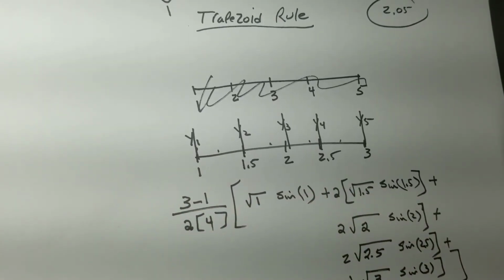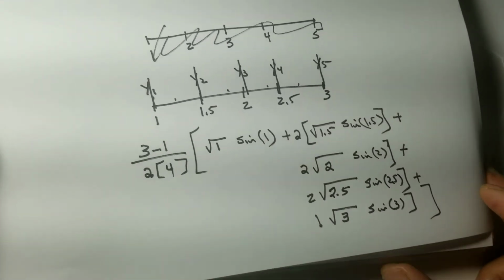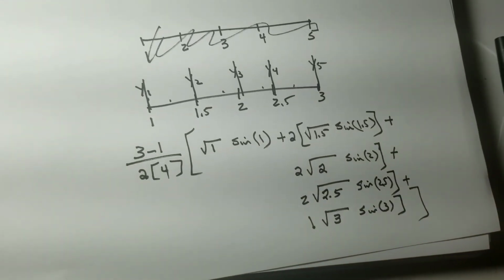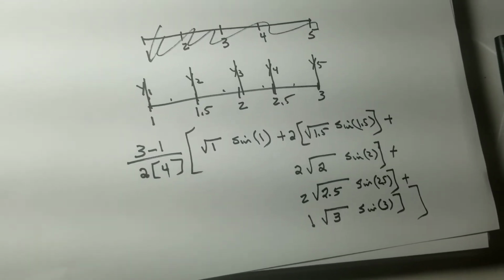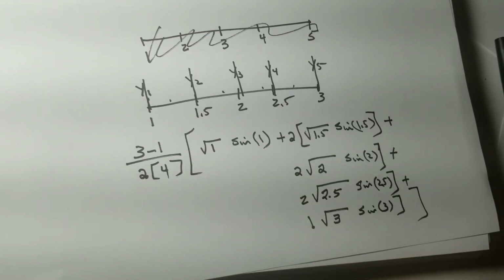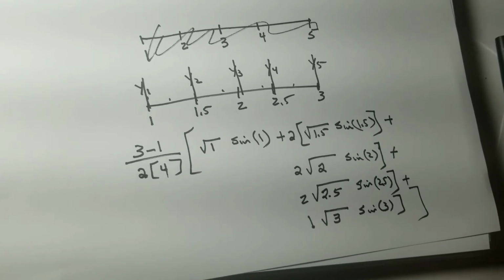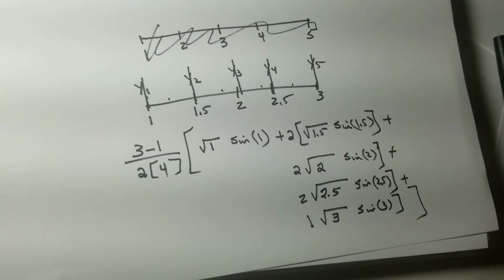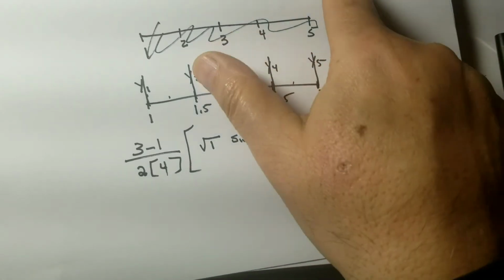Somebody said, well, you're still using a calculator. Yes, sir, I'm using a calculator. But I know what sine of 1 radian is. You might not know. I know what the sine of 1.5 radian is. But somebody said, well, I'm going to use a calculator and just do like I did right here.